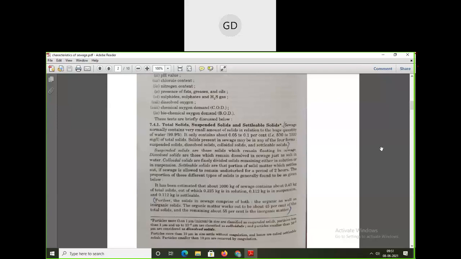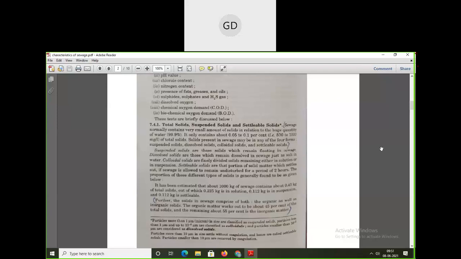Now coming to the chemical characteristics of sewage and your testing. Similarly to the physical characteristics, which we can see through our naked eyes, the chemical characteristics we also have to know. The first one is total solids, suspended solids and soluble solids.